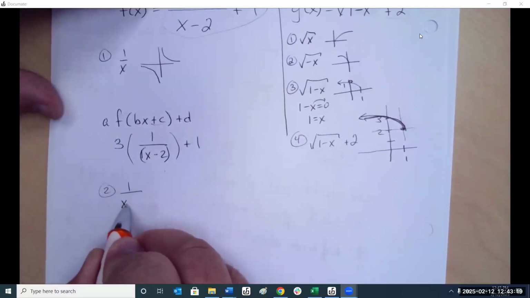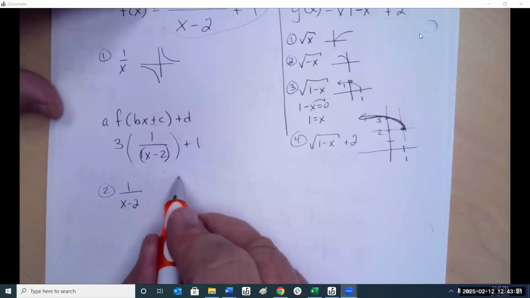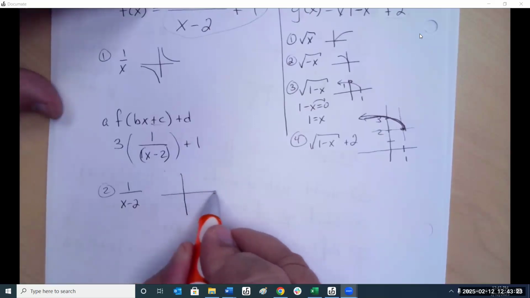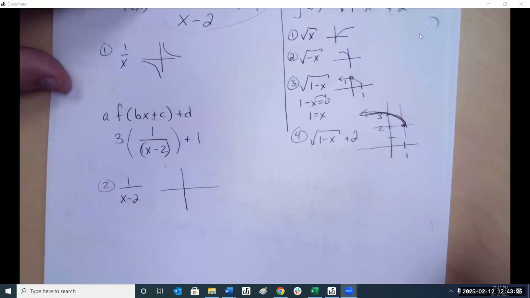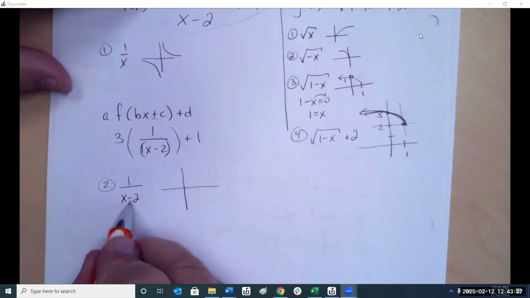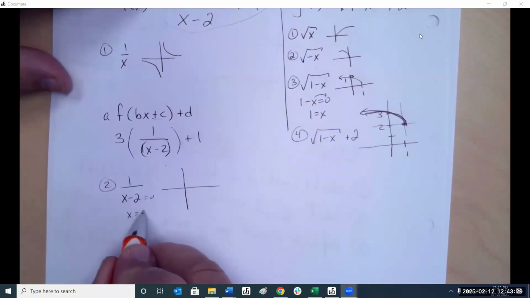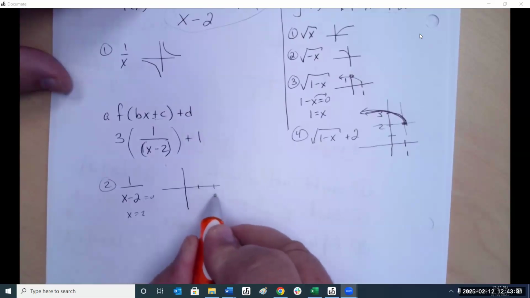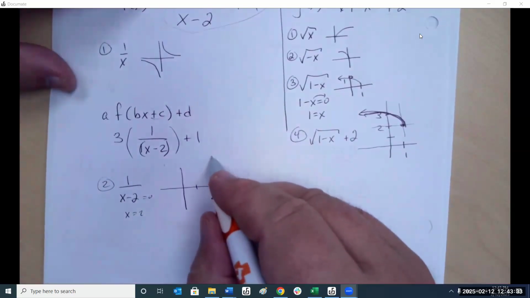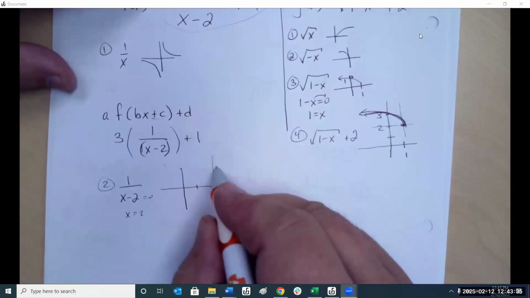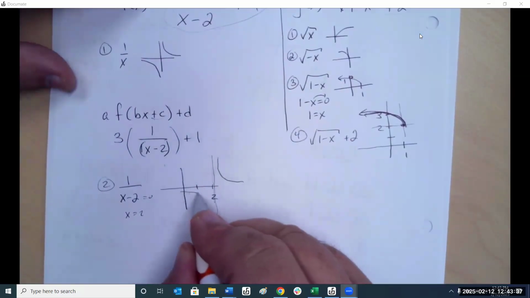So we have to do an x minus 2. So which direction does it go? Yeah, set this equal to 0, x equals 2, so it goes to the right 2 spaces. So there's my new origin. The graph looks like this.